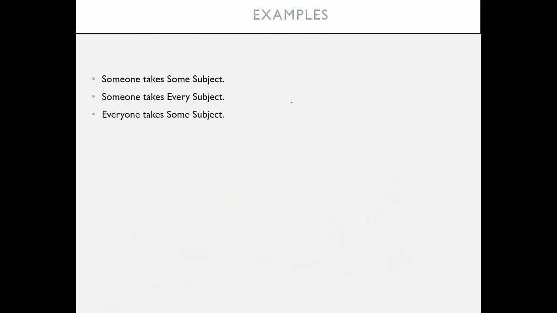Okay. Now with this knowledge, let's try to represent this sentence, which is someone takes some subject. So we should start with the basics. Let's consider John takes. How can we represent John takes some subject? It's going to be an existential quantifier, and then John takes x, where x is a variable, and this existential quantifier means that he's taking some subject.